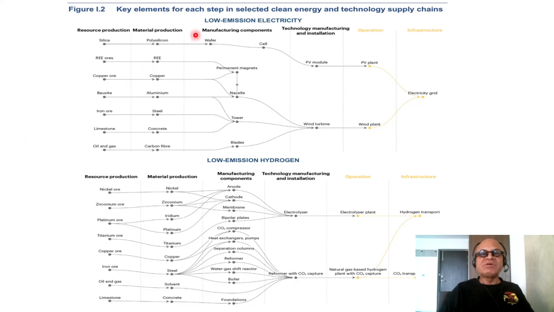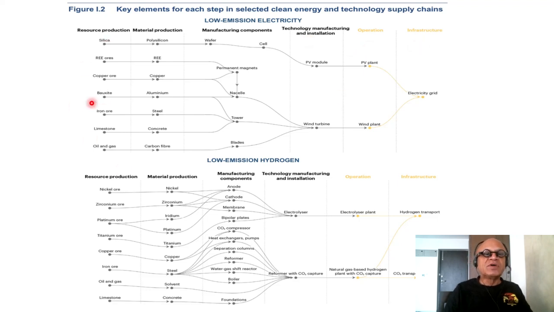So key elements for each step in selected clean energy and technology supply chains. This is a supply chain that's already in transition. So low emission electricity: there is resource production, material production, manufacturing components, technology manufacturing and installation, operation and infrastructure.